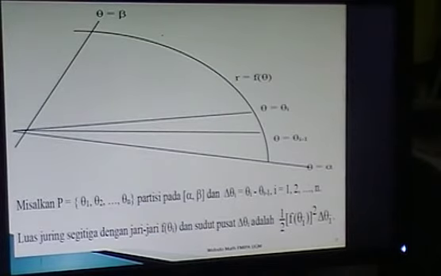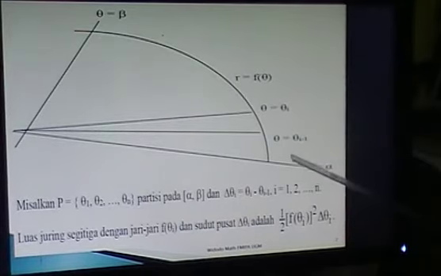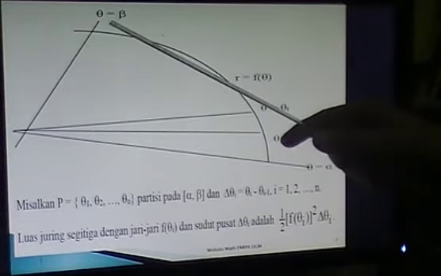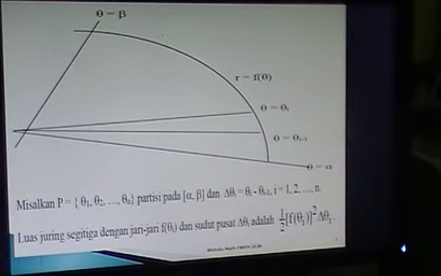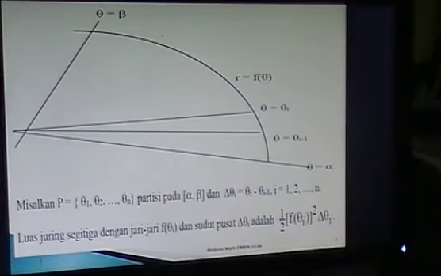So the idea is that the interval alpha and beta is divided into a partition like this: theta 0, theta 1, theta 2, theta i minus 1, theta i, and so on until theta n equal to beta. By using this partition, we call it P, and the partition is done in the interval alpha beta.